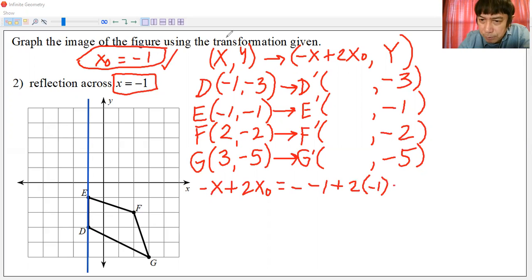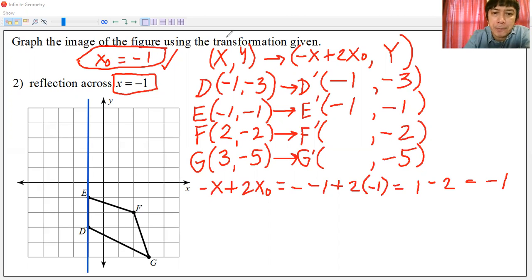So this is 1 minus 2. It's -1 there. All right. For point E, notice the x value is another -1. So if we compute this, we will end up with another -1. All right, let's proceed to point F.